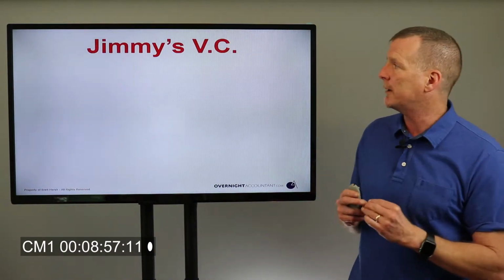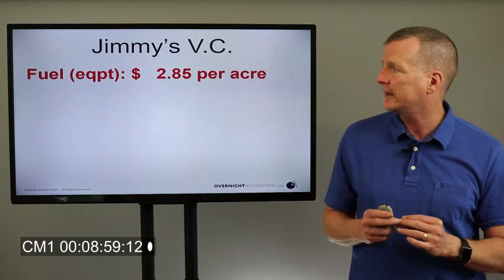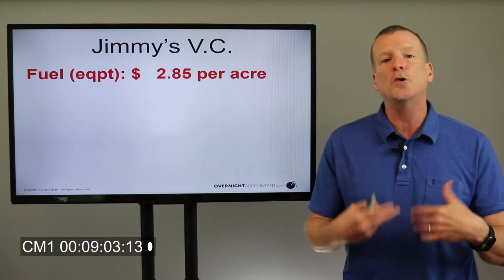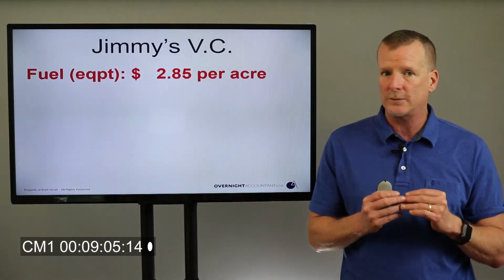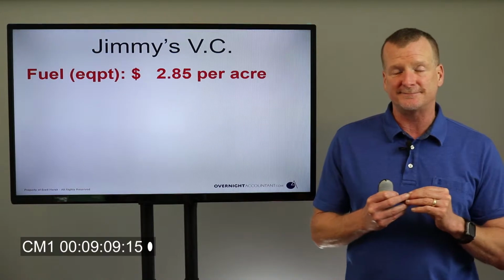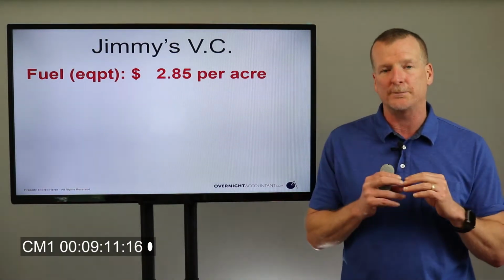So what he came up with is Jimmy's variable cost up there. His variable costs are, he has $2.85 in fuel. He's got a gas-guzzling big old lawnmower he purchased, and it doesn't get good mileage, quote unquote, per acre.